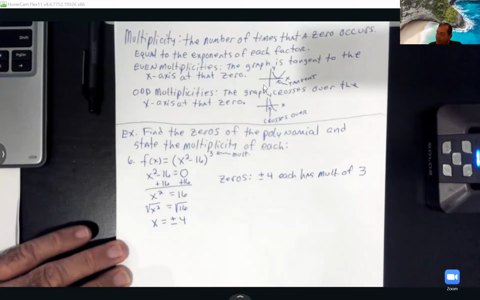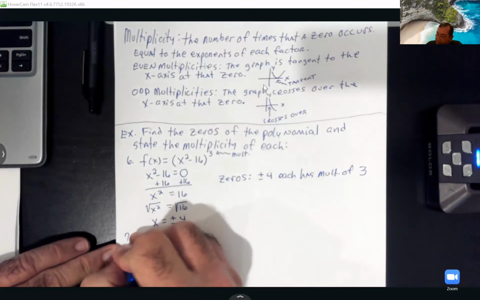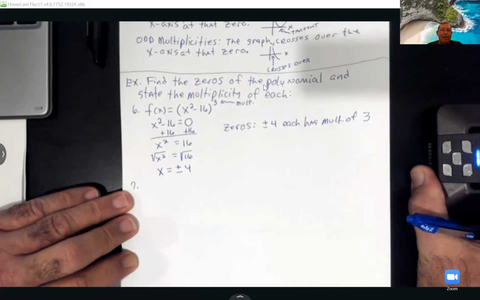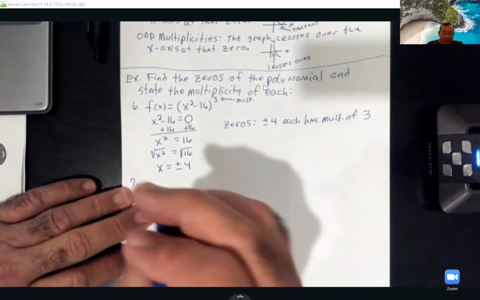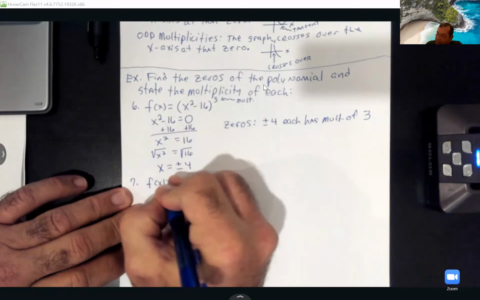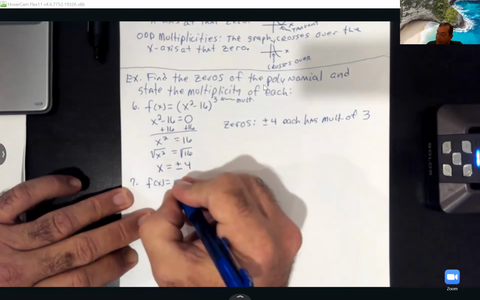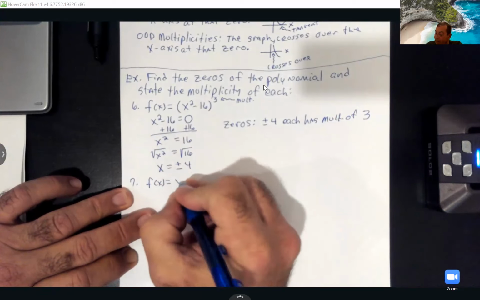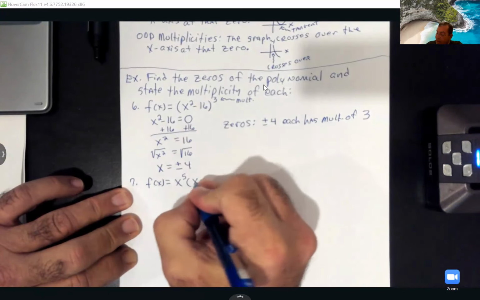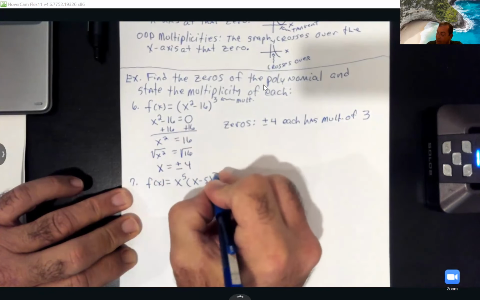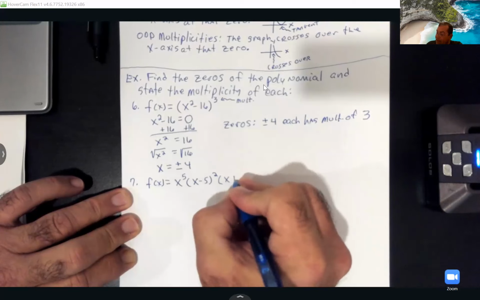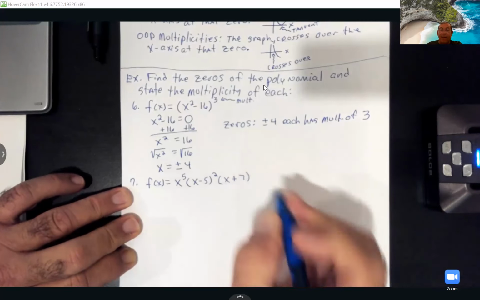Okay, so let me try number 7 here. So the same thing, y'all. This time I got f of x equals x to the 5th times x minus 5 squared, and then x plus 7.